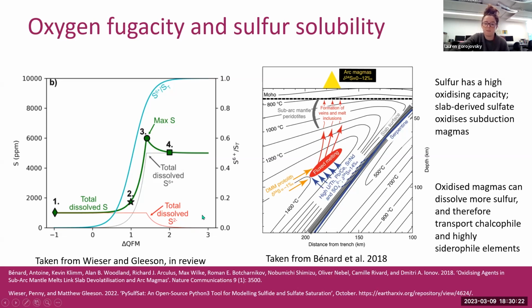sulfate. On the other hand, when we consider how we oxidize the mantle wedge, the mantle overlying a subducting slab, and what can actually oxidize it, sulfur is the best candidate, because going from sulfide to sulfate is an 8-electron transfer.